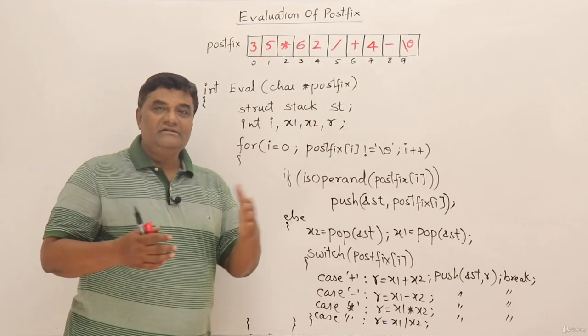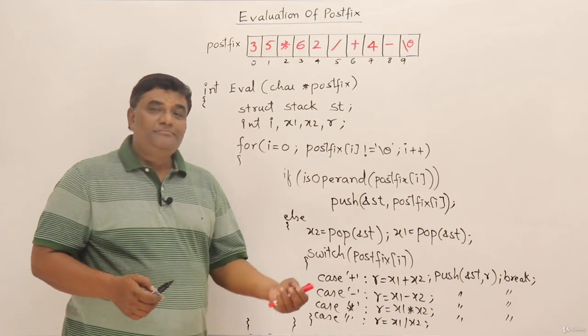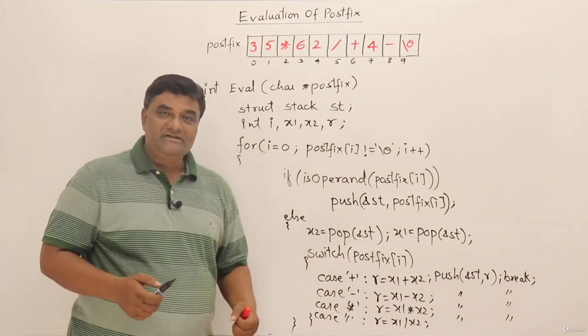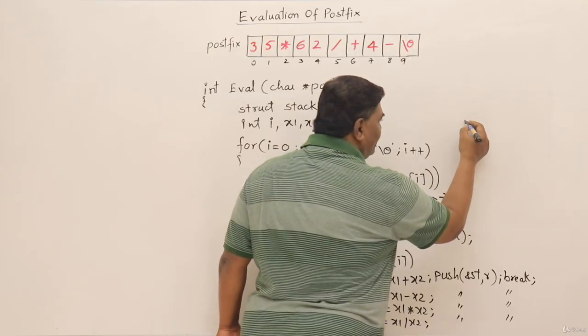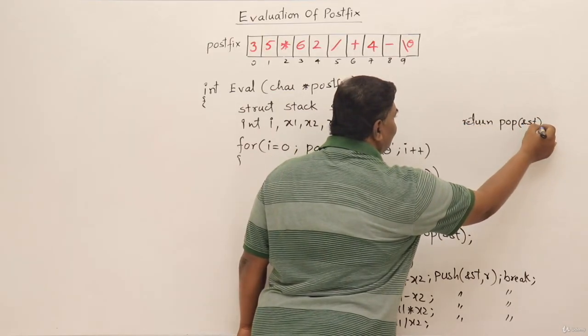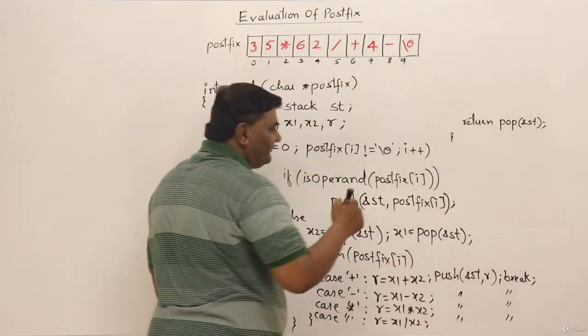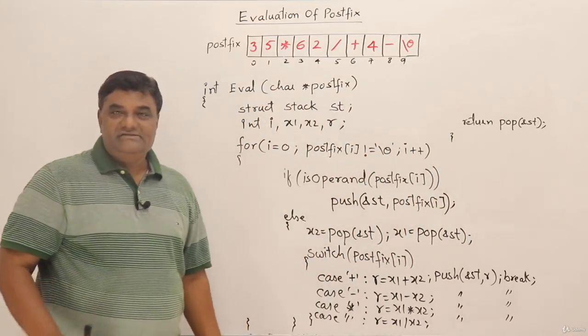So we should return the result from the stack. The last statement after the for loop should be to pop a symbol from the stack and return it. So this is the end of the function. There was no space, so I wrote it there.